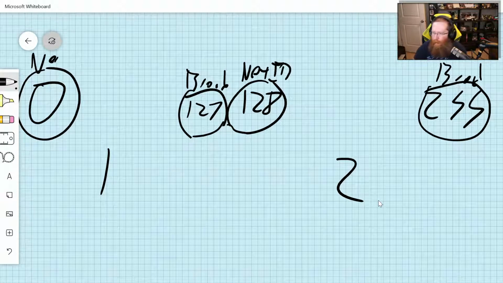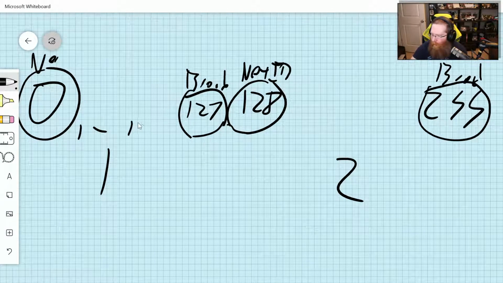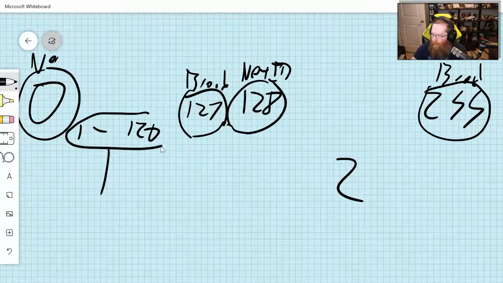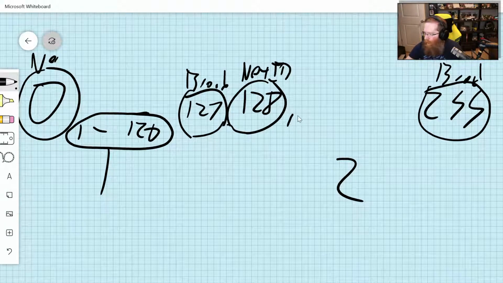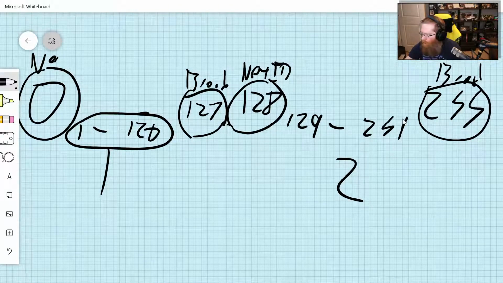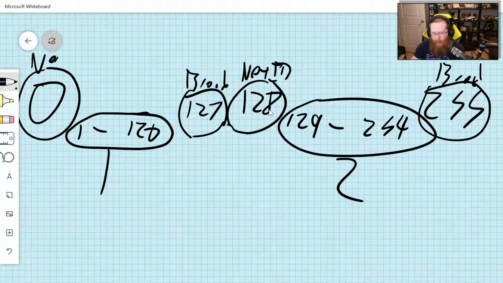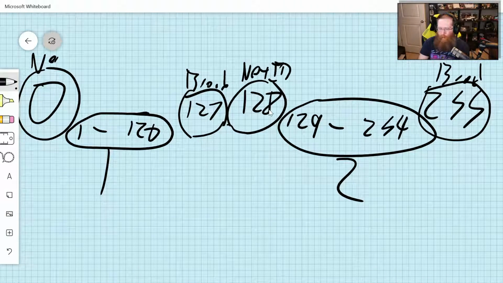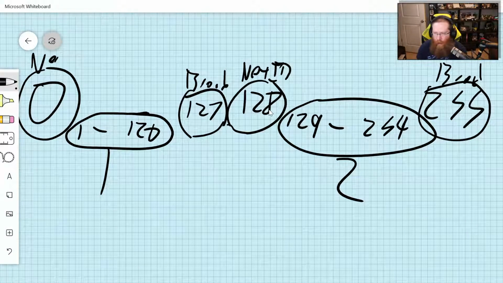And if you're really not 100% sure about things, you can do it this way. 1 through 126, that's my usable. 129 through 254, that's my usable. Pretty straightforward, really nice, simple way to visualize, especially if you're a visual person. All you need to do is kind of refer back to that little chart we did a couple minutes ago.